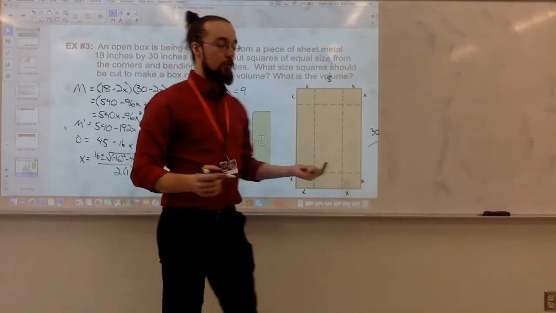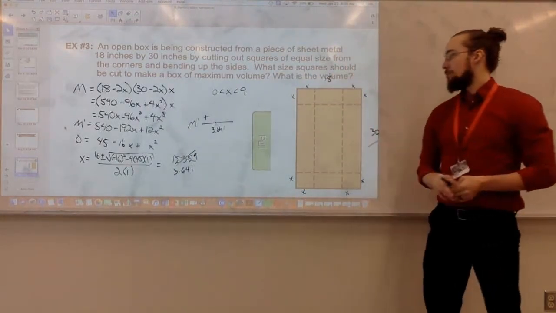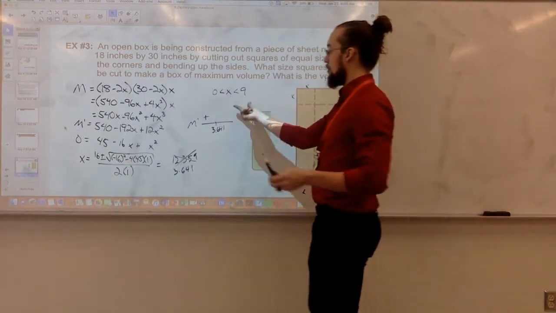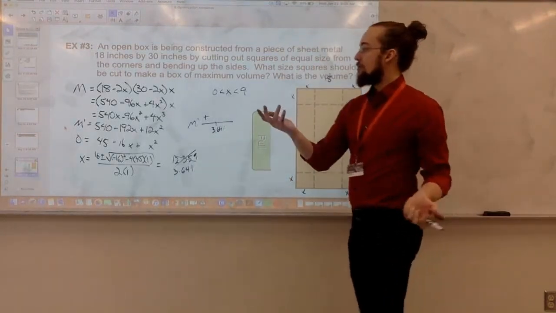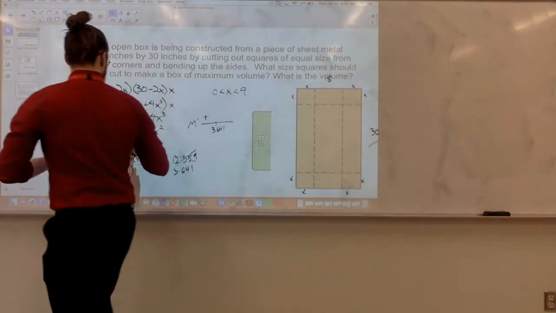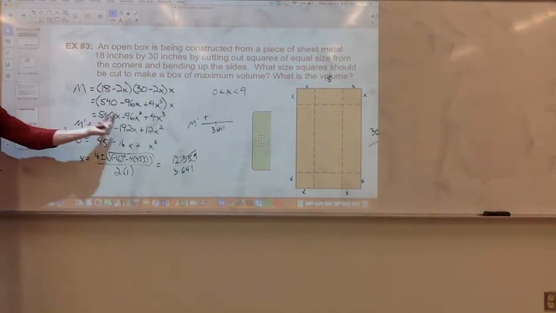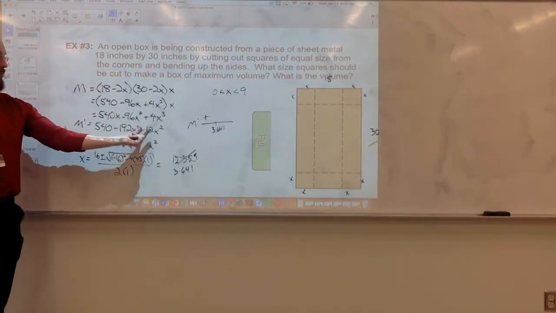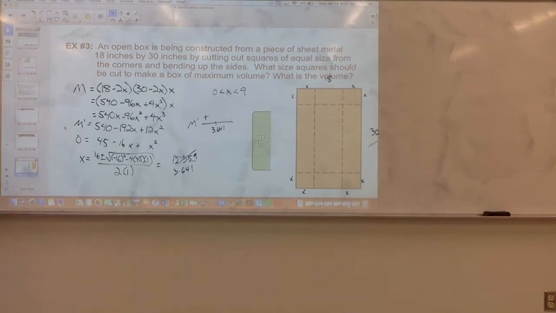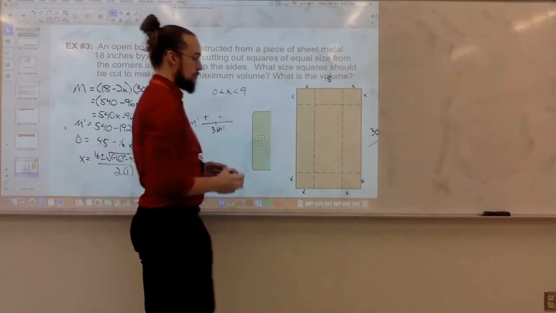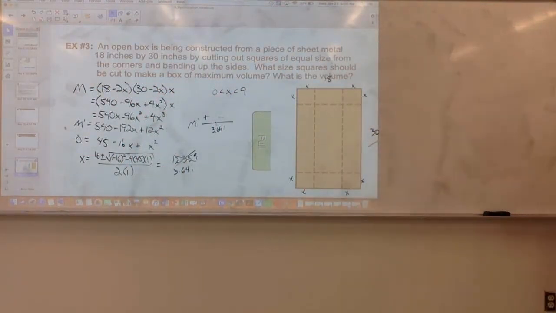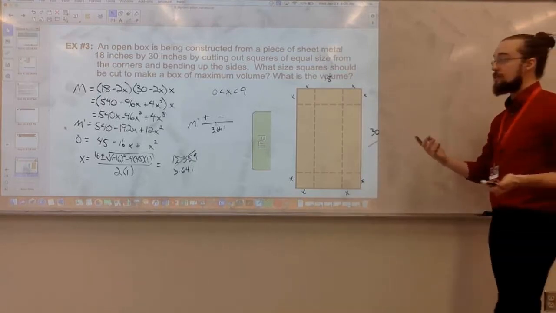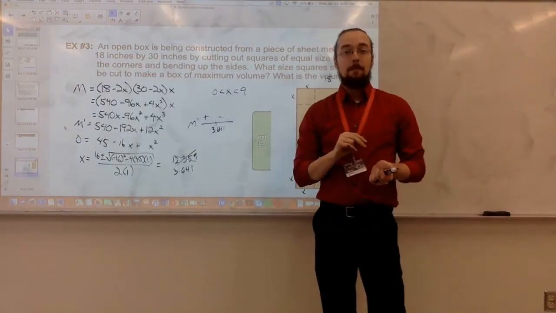And if I plug a value greater than that in, anything greater than that but less than 9, so 4 or 5, what's going to happen? It's going to be negative. So we get a maximum, right? We're changing from increasing to decreasing, so that is a maximum. That is what we want.